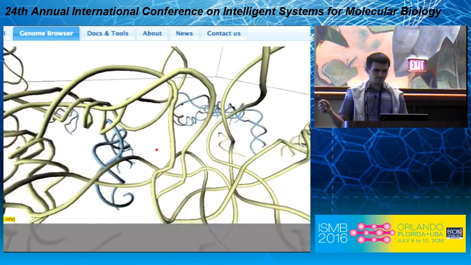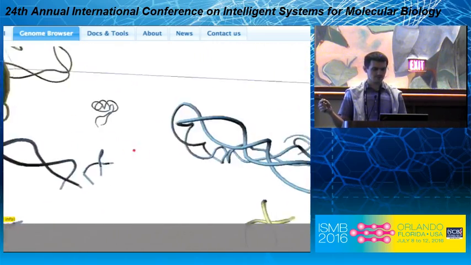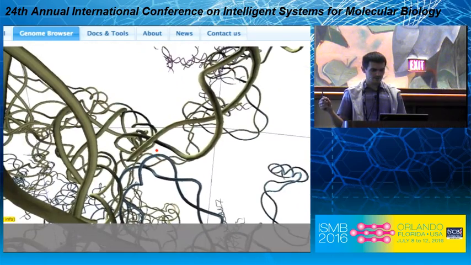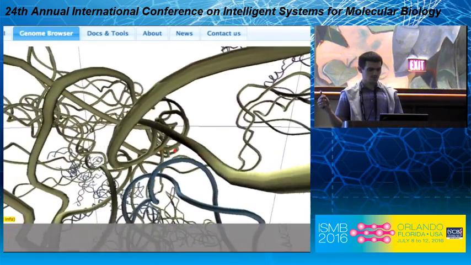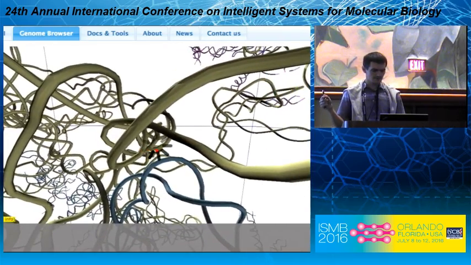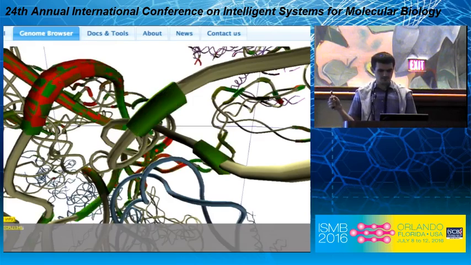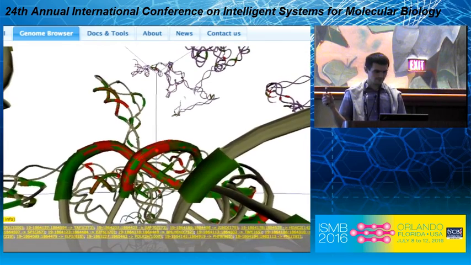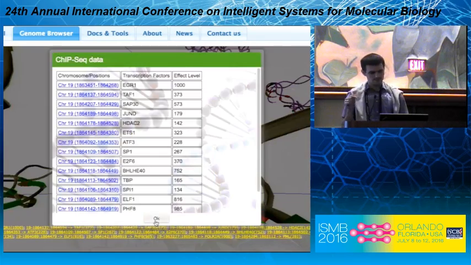So yeah, it looks like a shooter, right? We are uploading some data, and again, we want to represent the ChIP-seq data. And here goes a lot of data. Just a second.